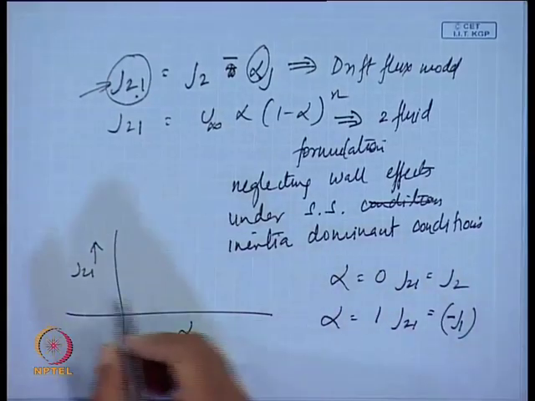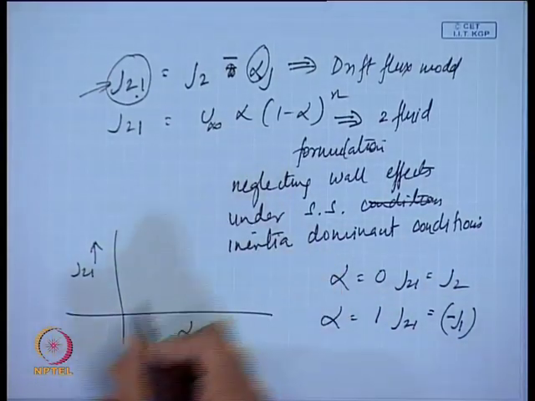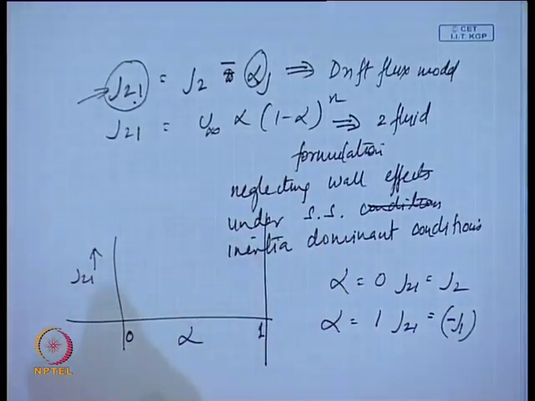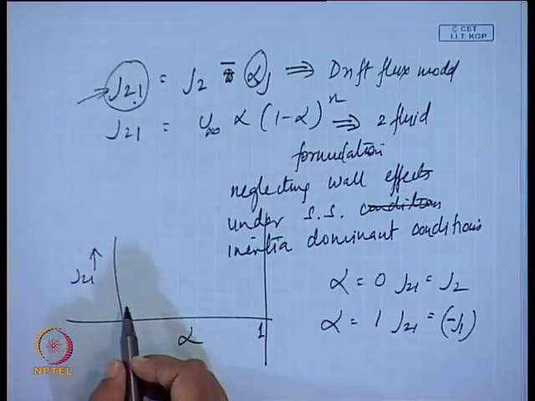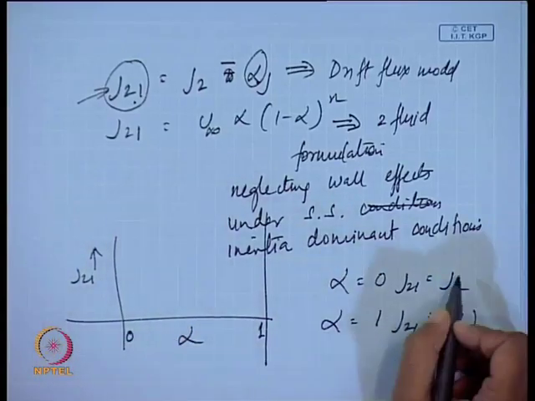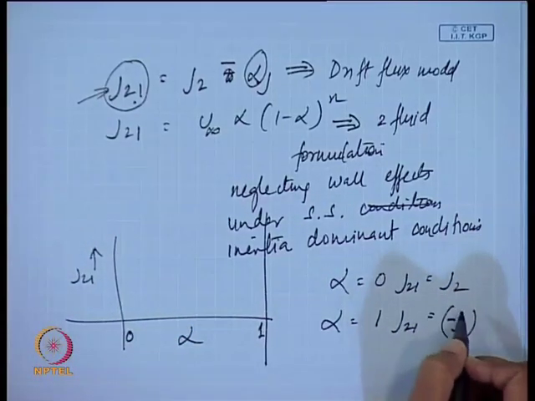So, if you plot J21 versus alpha from 0 to 1, you are supposed to get straight lines depending upon the magnitude of J2 and J1, and depending upon the signs of J2 and J1. Do you understand?